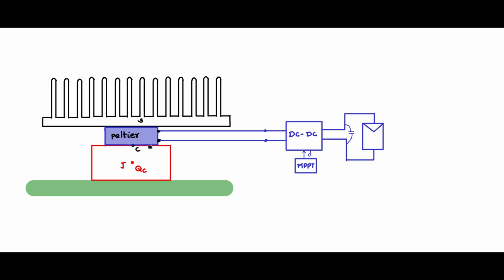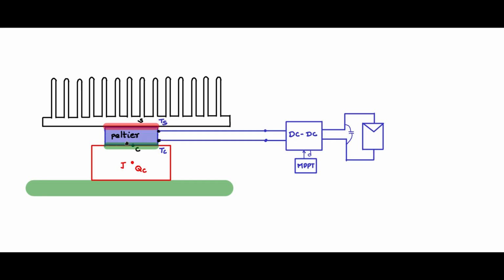The cold junction portion of the Peltier should come on this side, and the hot junction portion of the Peltier should be on the heat sink side. The component will be at temperature which is case temperature Tc. The heat sink will be at temperature which is the heat sink temperature Ts.